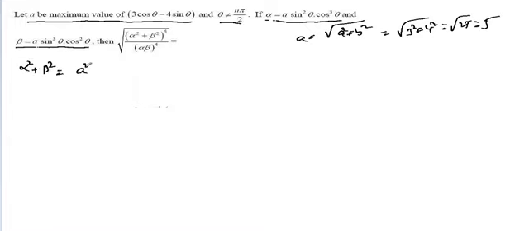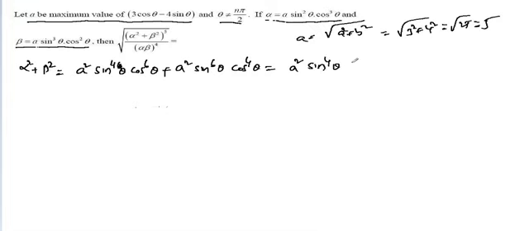That is, alpha square is a square sin power 4 theta cos power 6 theta and beta square is a square sin power 6 theta cos power 4 theta, that is equal to a square common, sin power 4 theta common and cos power 4 theta common, that is equal to sin square theta plus cos square theta.